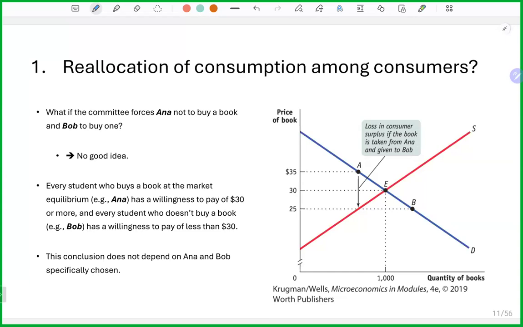If you think that your valuation is higher than $20, you will buy the book. If you think that your valuation is lower than $20, you will not. It's your decision, not the leader's decision. If leaders make the decision, they will make the wrong decision, because they do not know every individual's valuation. Every individual's valuation is unknown to the North Korean leader.